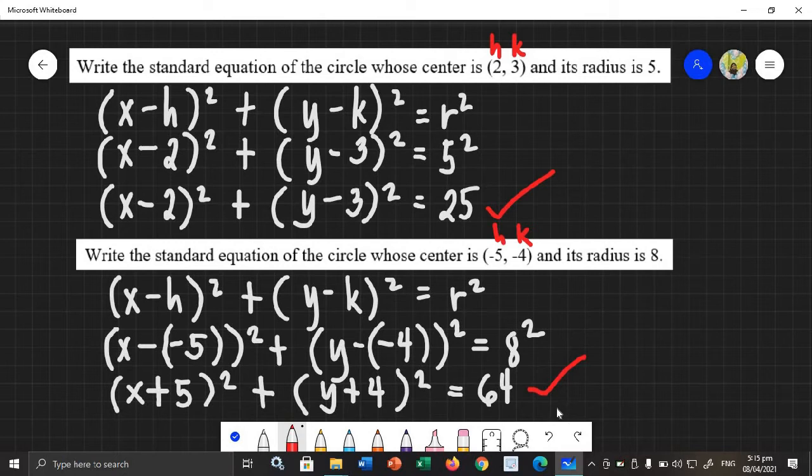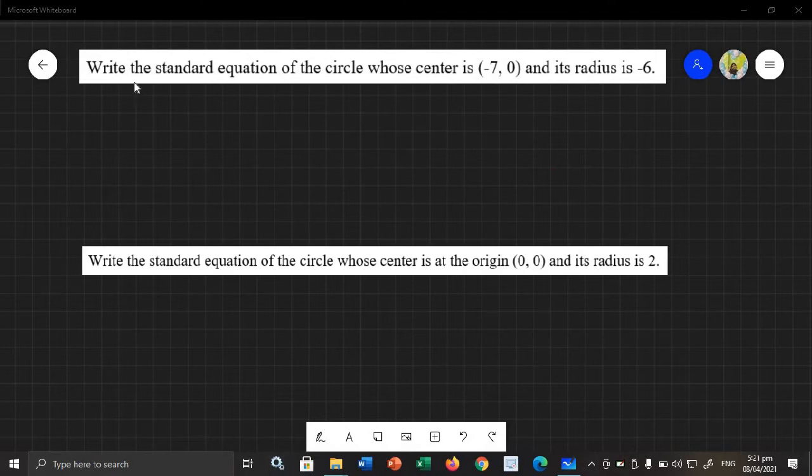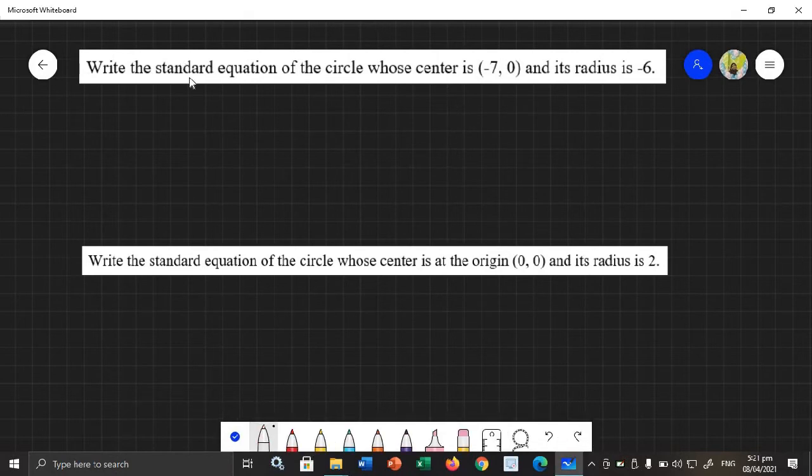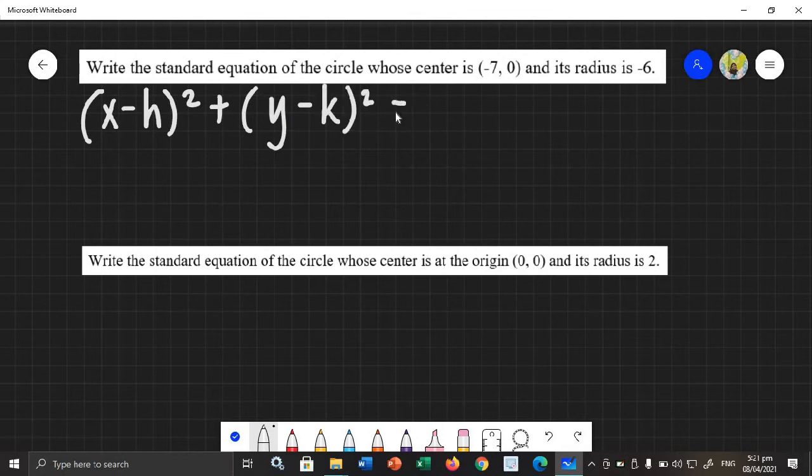Next example is we need to write the standard equation of the circle whose center is (-7, 0) and its radius is negative 6. Again, using the standard form, we have quantity x minus h squared plus y minus k squared equals r squared.